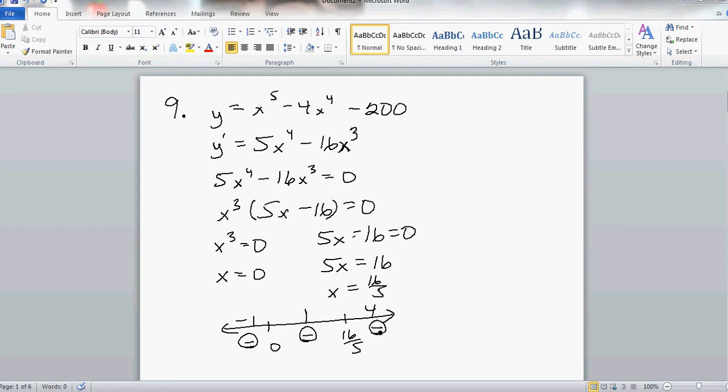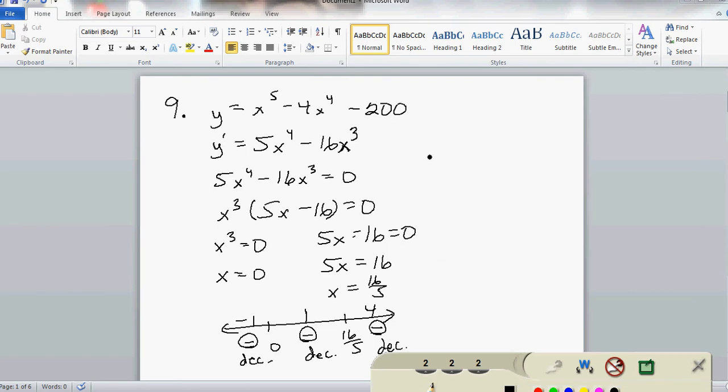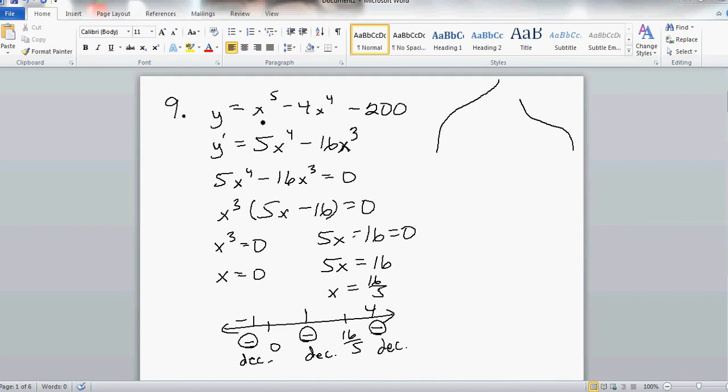So what this is saying in this problem is that everything's going down. If everything's going down, then it's decreasing here, and decreasing here. There is no minimum or maximum. So it's going to look something like this, or maybe it's going to look like this. And we should look at this x to the 5th. It's going to have this general shape right here. So good enough for that.